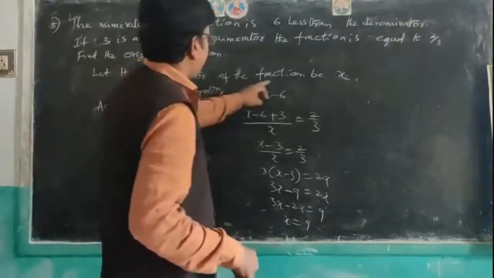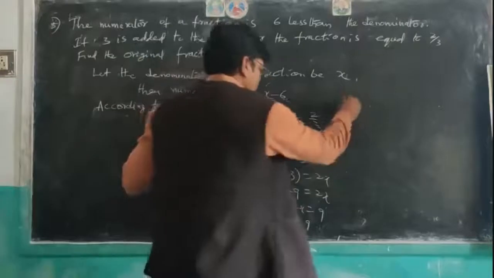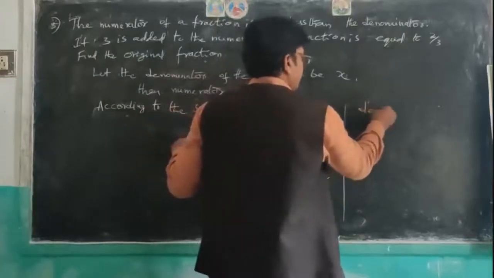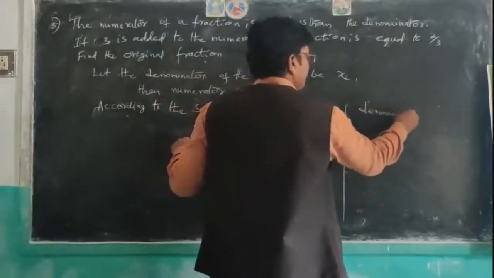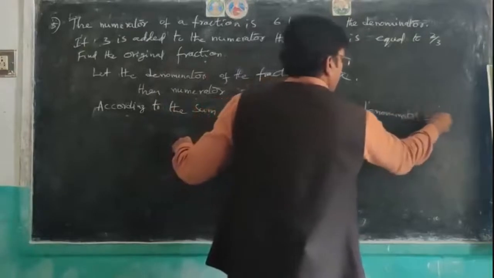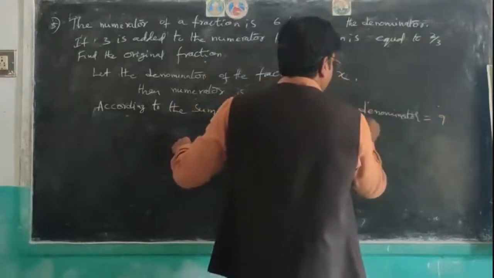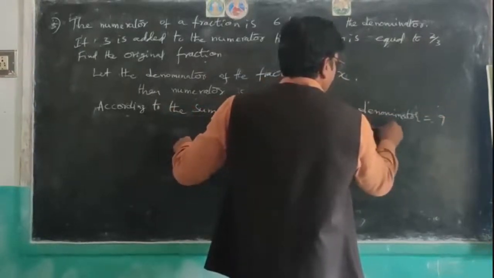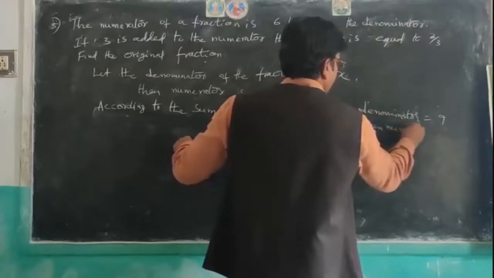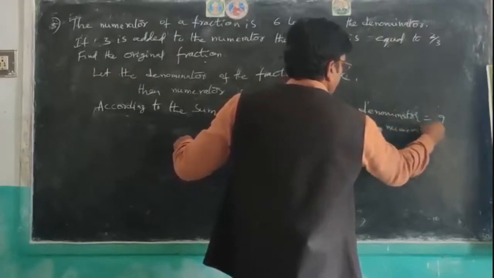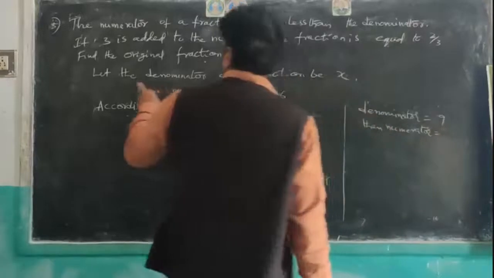Now, what is x? We let the denominator of the fraction be x, so the denominator equals 9. Then what is the numerator?